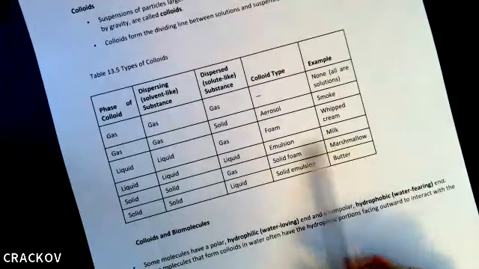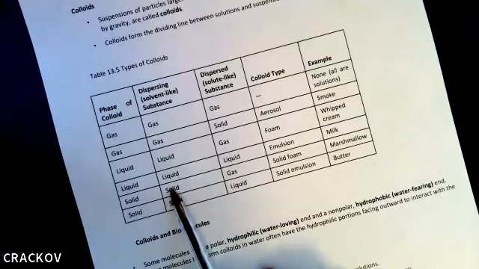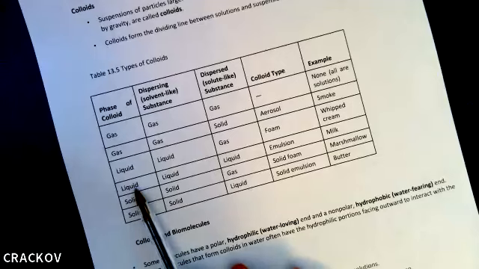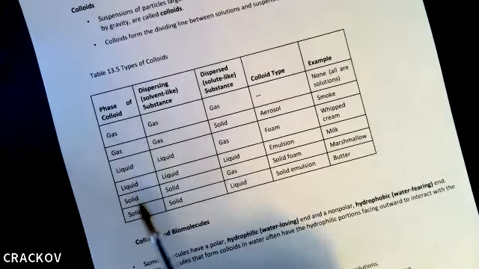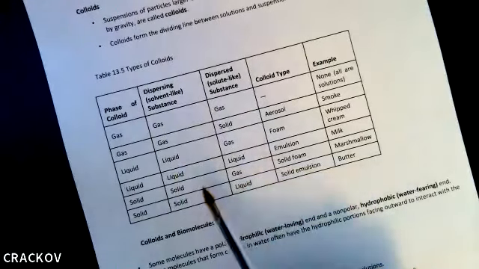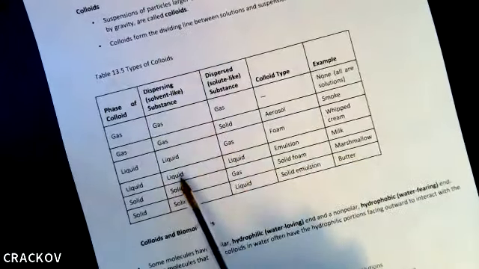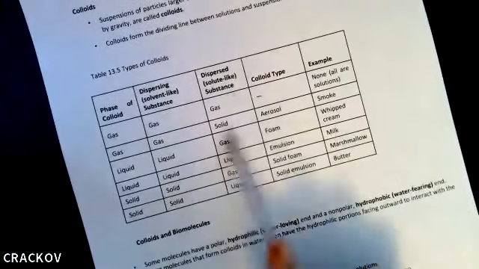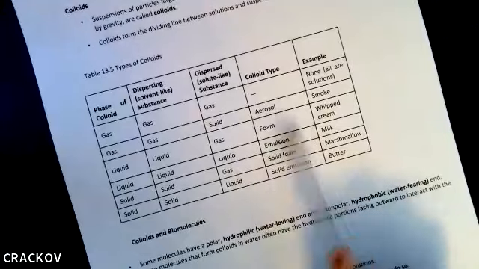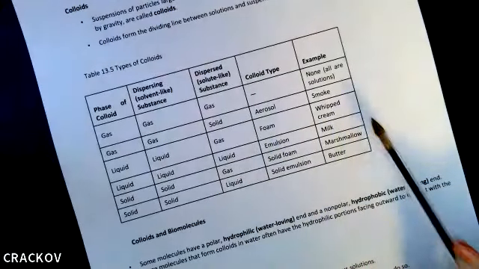If the dispersing substance is a liquid and the dispersed substance is also a liquid, you have an emulsion, the colloid type, and an example is milk.